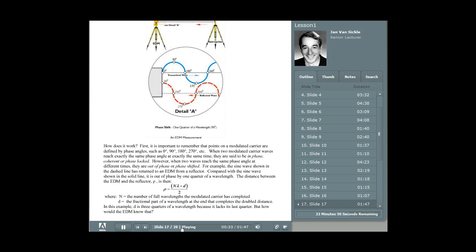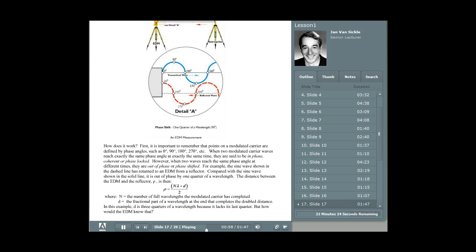Now the key element here is that the EDM generates a wave that is exactly the same as the wave it transmitted and sort of keeps it at home in the circuits of the EDM so that it can compare the reflected wave, the returned wave, with the signal that it has in its own circuits, which is exactly the same as the wave it transmitted.